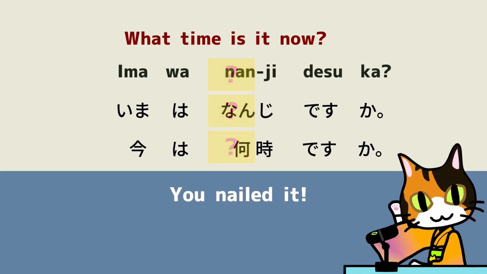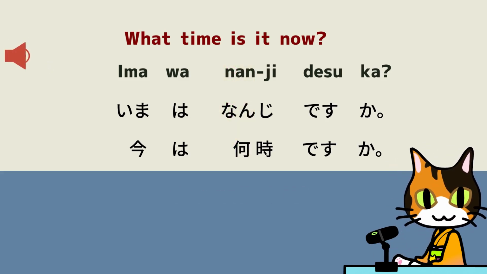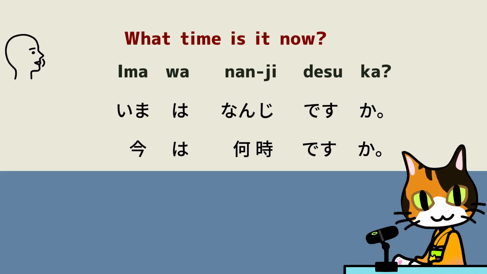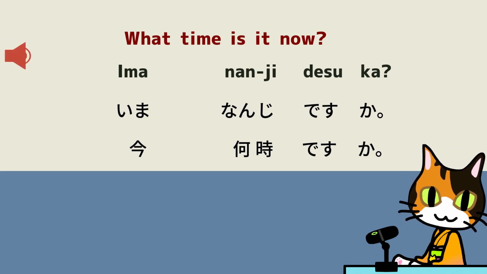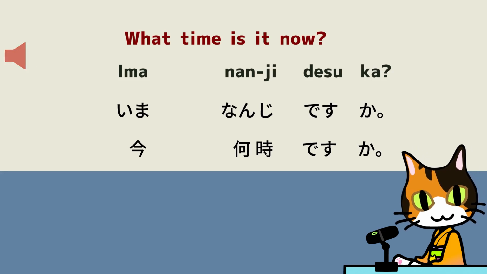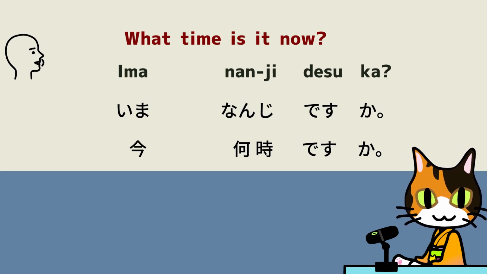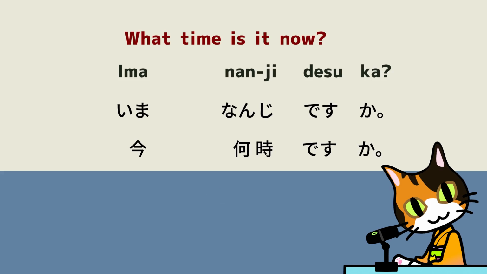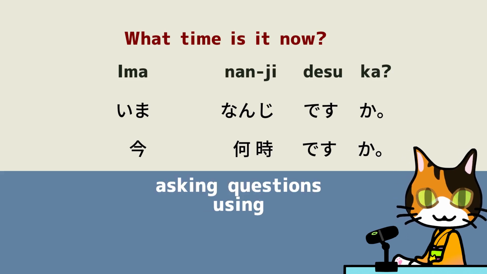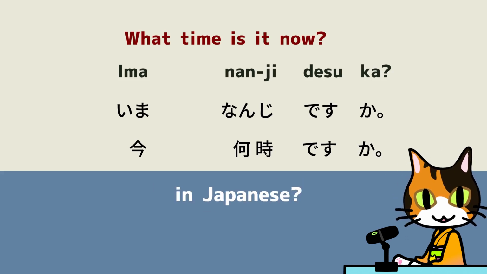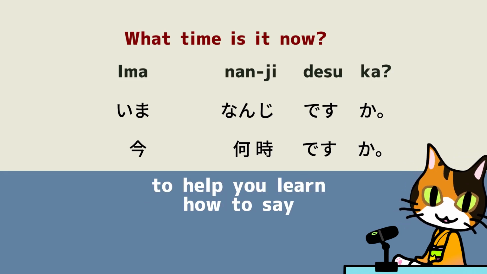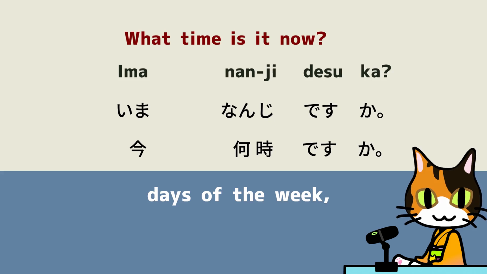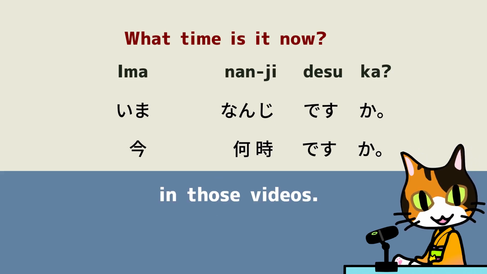You nailed it. 今は何時ですか？今何時ですか？ Great. Have you gotten used to asking questions using what in Japanese? We will be releasing separate vocabulary videos to help you learn how to say days of the week, times, and numbers. So let's practice together in those videos.